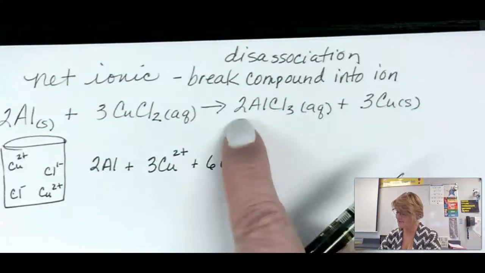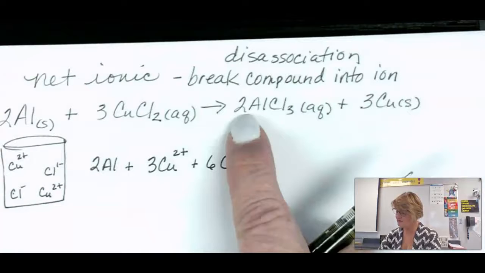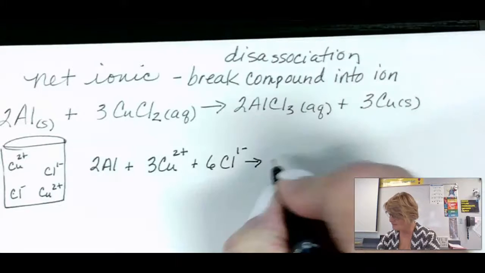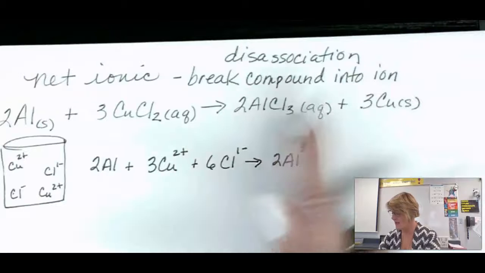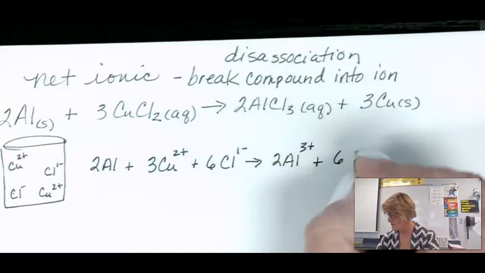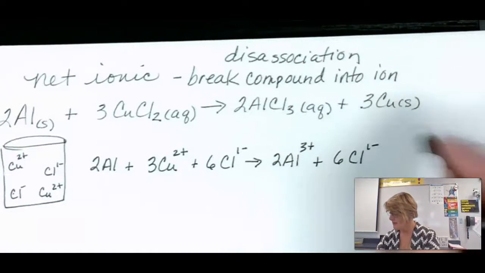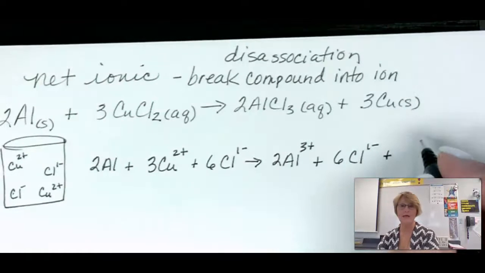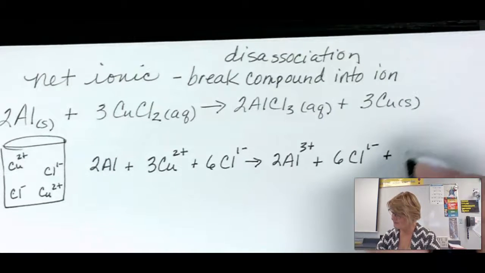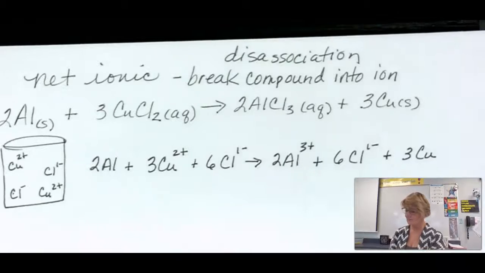On the product side, same thing, aqueous solution, this is going to dissociate. So I have 2 aluminum ions, I have 6 chlorine ions, and then again, I have solid copper, which is the neutral atom of copper. So it's just going to be copper.